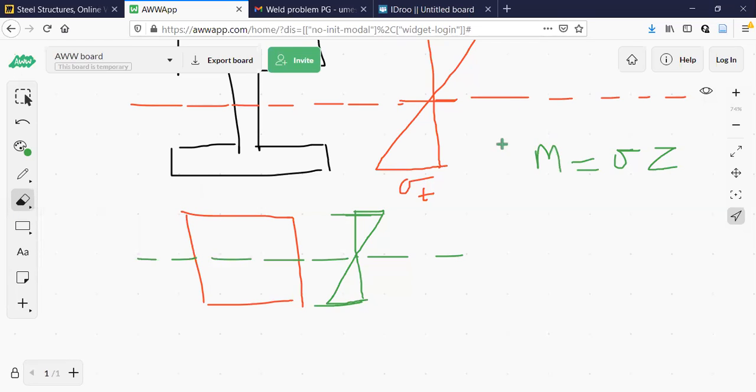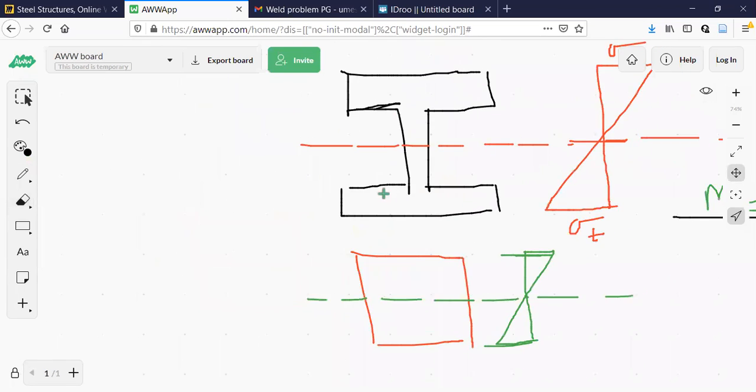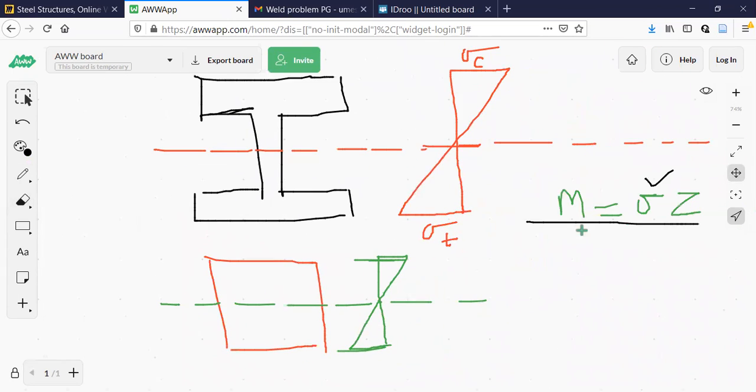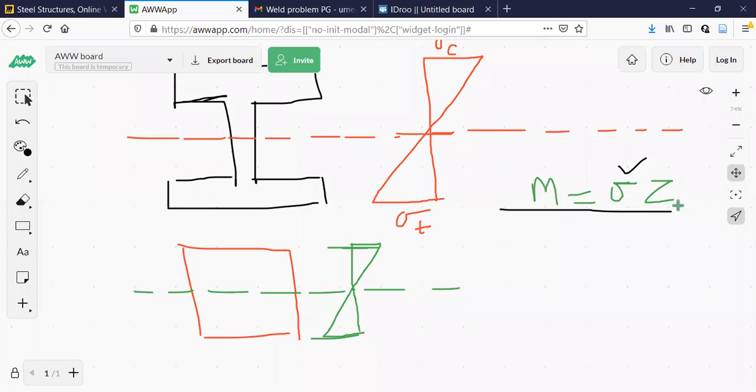Using this formula, I can easily get the value of sigma and substitute it, whether it is sigma T or sigma C, because I'll be knowing the bending moment. So I'll use M by Z, and calculate sigma depending upon wherever I want.